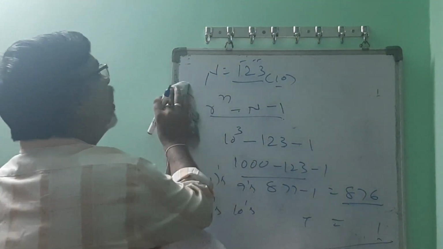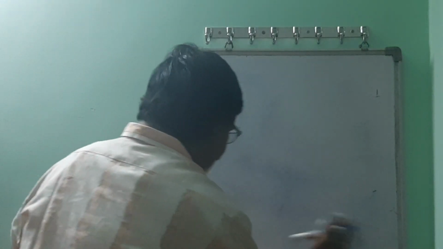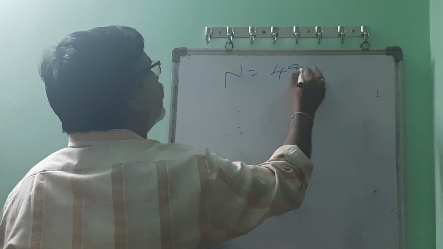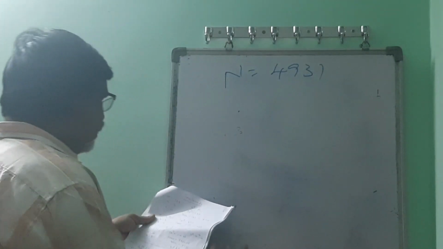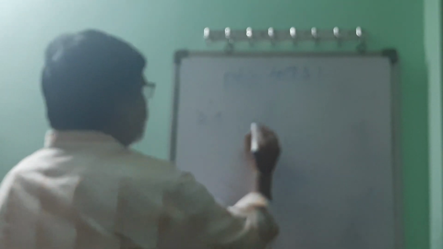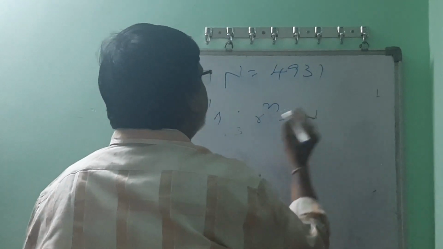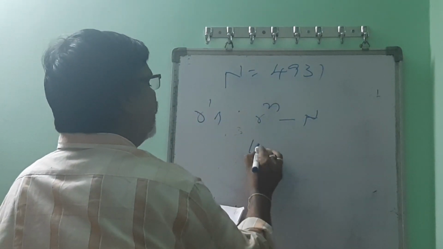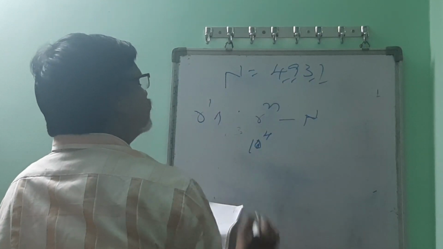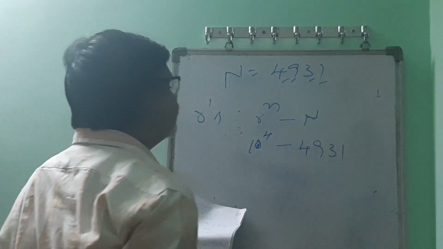So take one more example of calculating r's and r minus 1's complements. Take N is equal to 4931. So here we directly find r's complement. R's complement is r power n minus N. So here r is 10. Counting the digits 1, 2, 3, 4, the small n value is 4. Capital N is 4931.